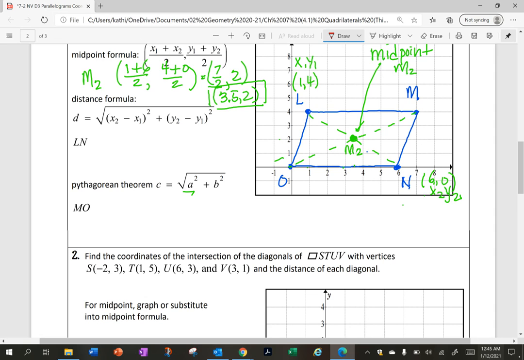Substituting in, x2 is 6 minus x1 is 1, quantity squared, plus y2 is 0 minus y1 is 4, quantity squared, and I'm taking the square root. When I put it in my calculator exactly like this, I get the distance from L to N is approximately 6.4.